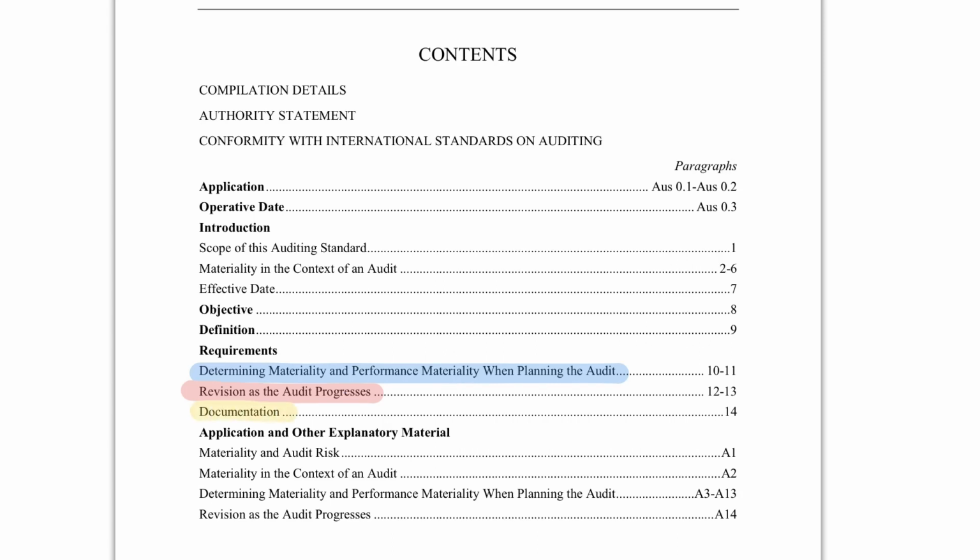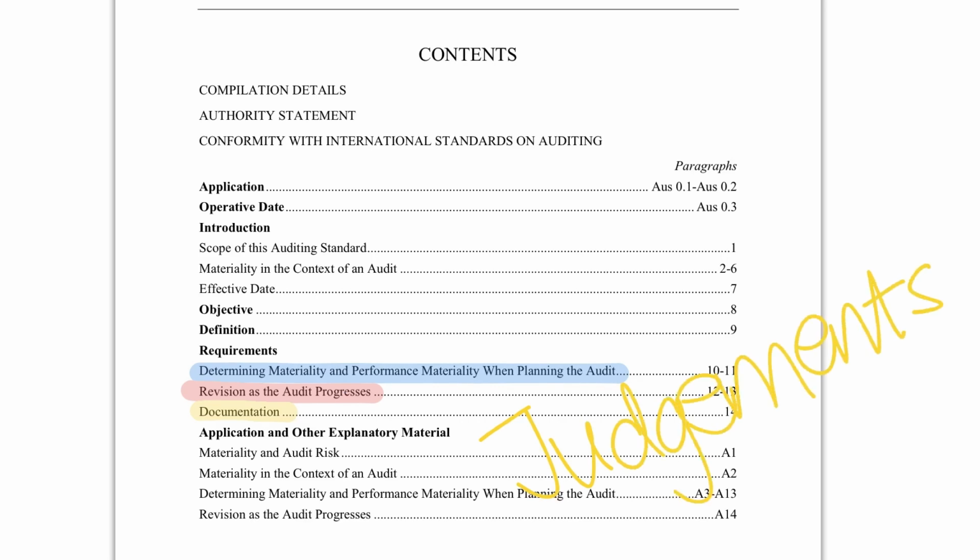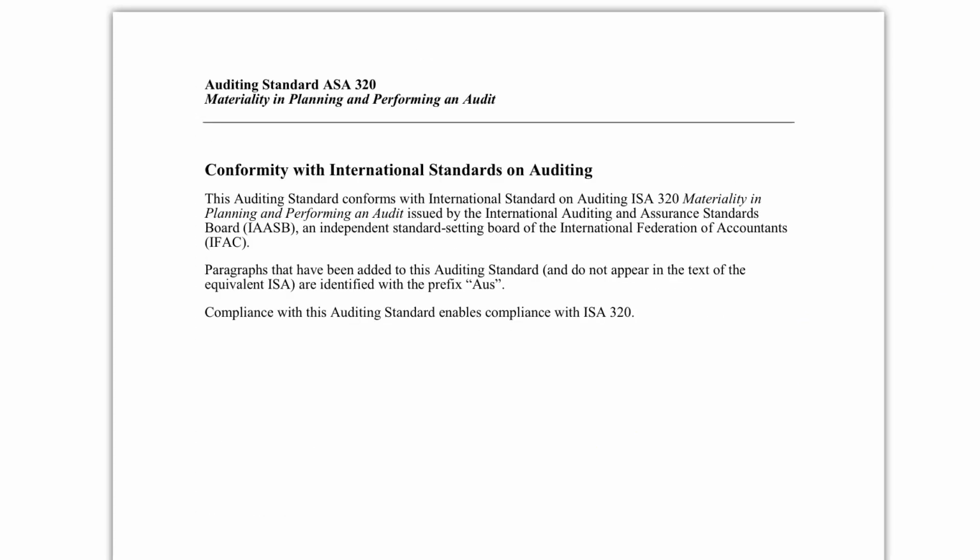How do we make sure that we're documenting our judgments on materiality appropriately? And that is critical. We are still making professional judgments because there are no hard and fast rules on determining materiality. As usual, our standard here does comply with ASA320. So if you're an international student, then you're getting all the same information in ASA320 as you are in ISA320.